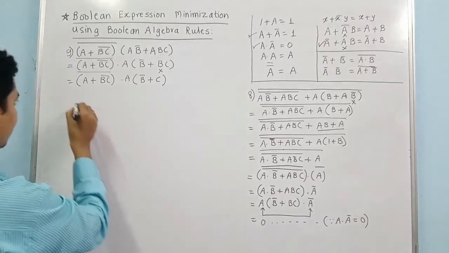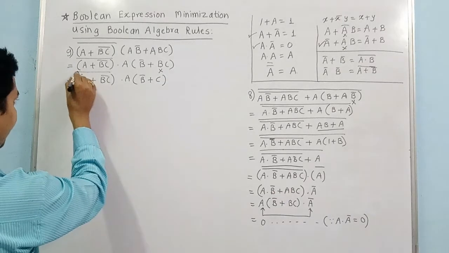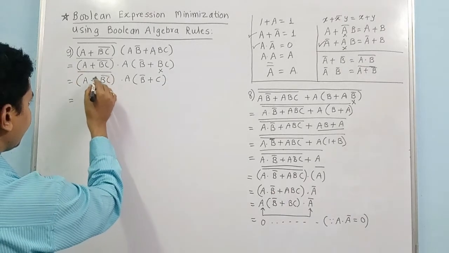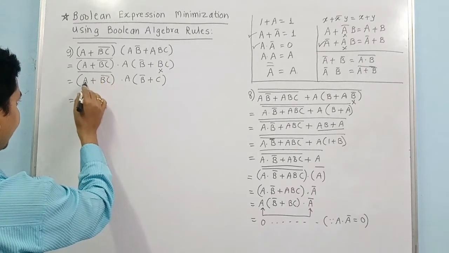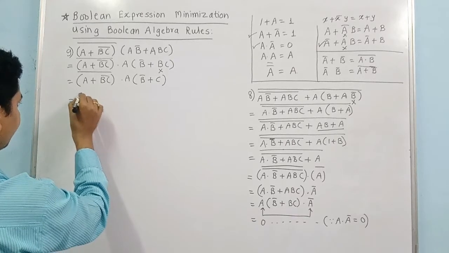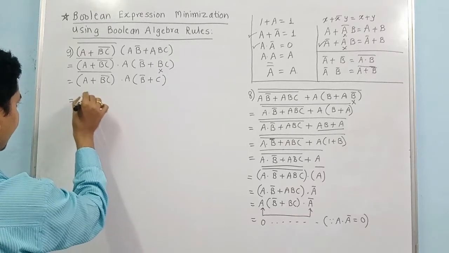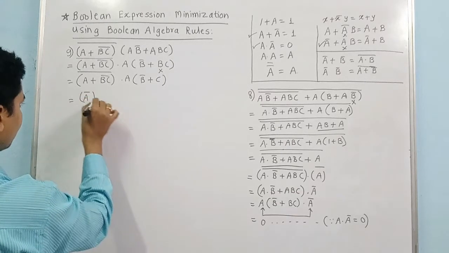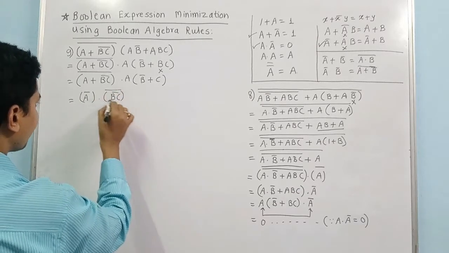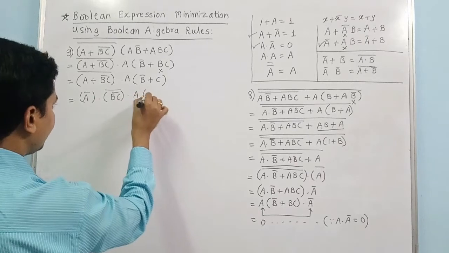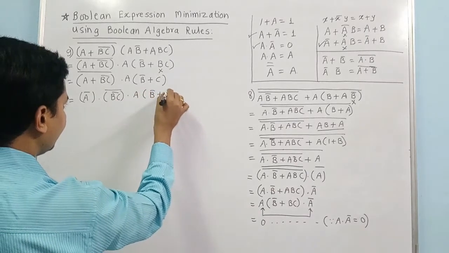Okay, now further this whole bar can be converted, or it can be given separately to a and bc bar. So the expression will be changed to a bar dot bc bar bracket bar. Okay, then a into b bar plus c.